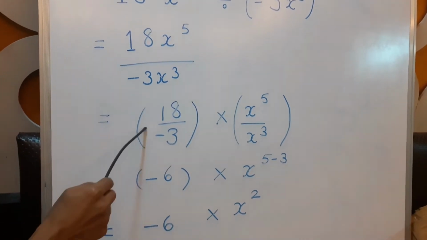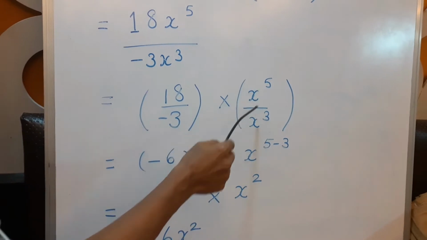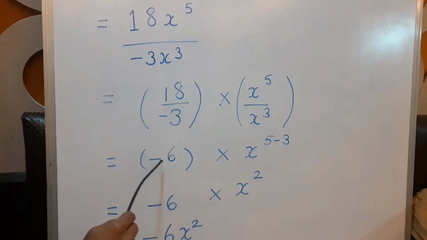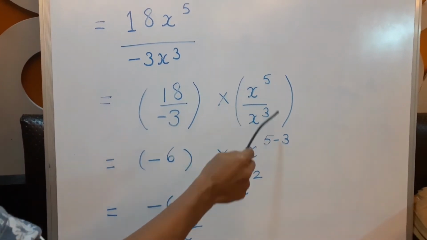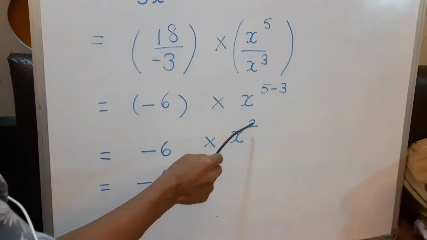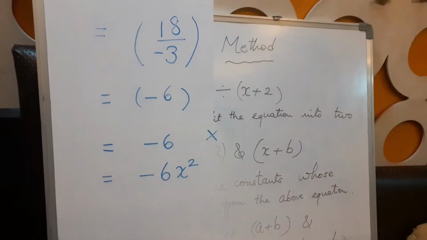So in the next step we write 18 upon minus 3 in the bracket multiplied by x raised to 5 upon x raised to 3. Alright. Now 18 upon minus 3 is minus 6 multiplied by x raised to 5 minus 3. That is minus 6 into x raised to 2. Hence our answer is minus 6x square.